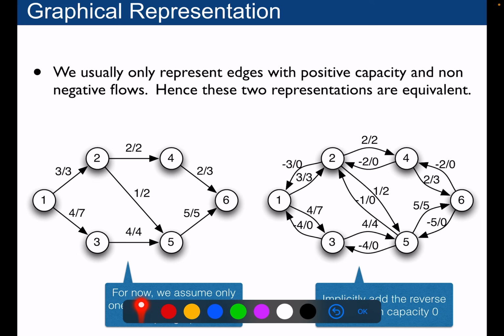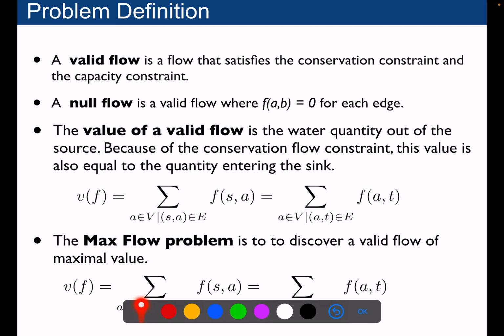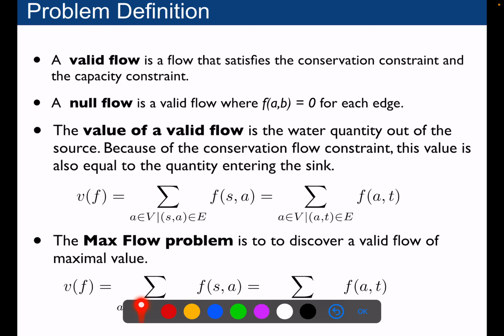These two representations are totally equivalent with respect to the definition that we had. It's a little bit simpler to write the flow conservation constraint like this, if you remember, with that convention.